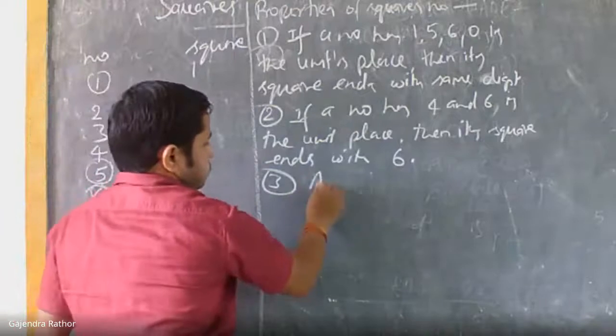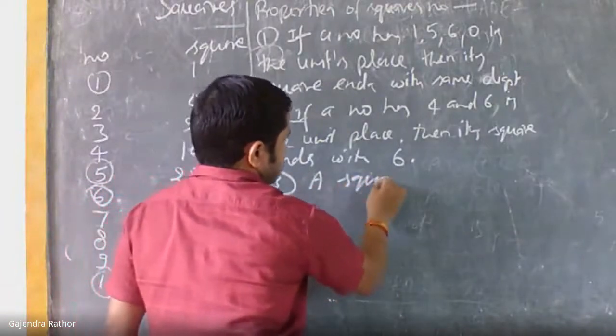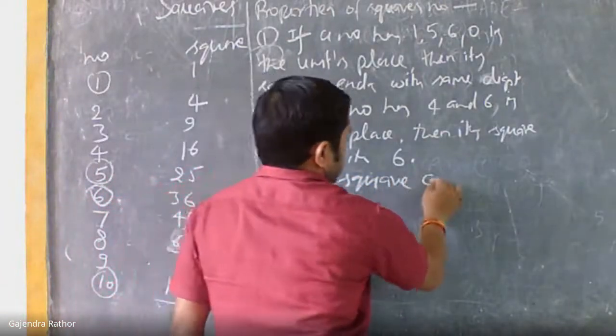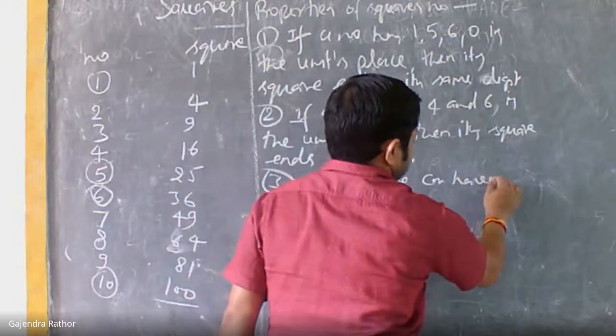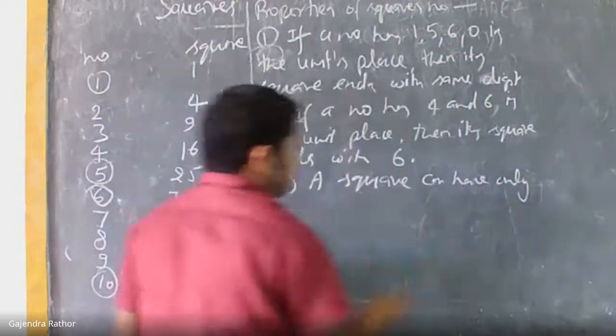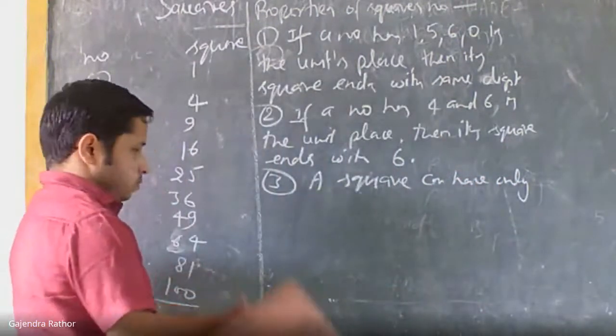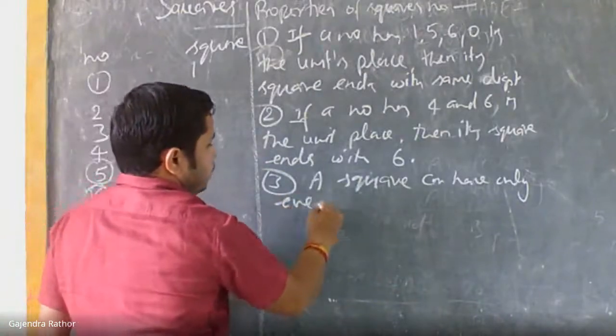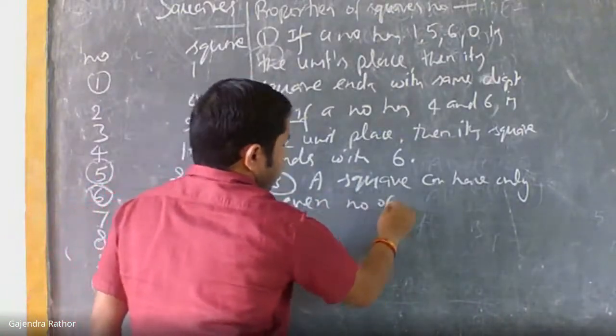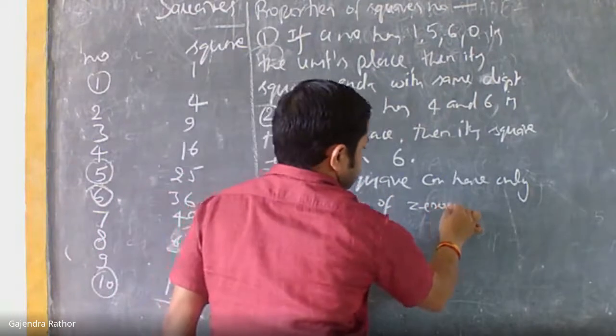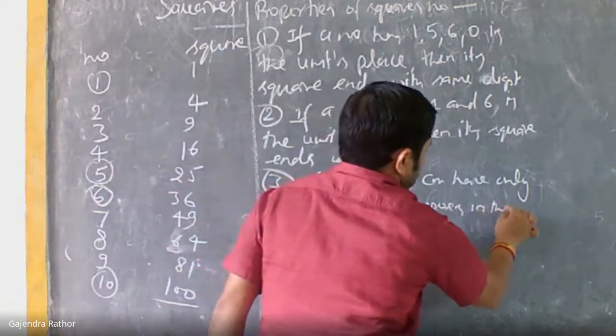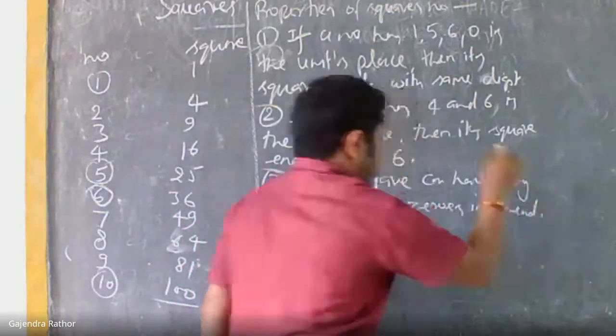A square number can have only an even number of zeros at the end.